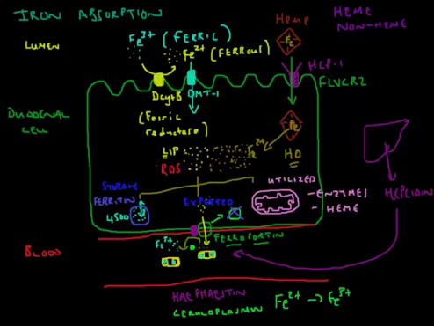On the other hand, if there is very little iron in the body, so let's say the iron is low, then the liver will produce less hepcidin. And when the hepcidin is not there, ferroportin can remain on the surface of the duodenal cell and more iron can be absorbed.